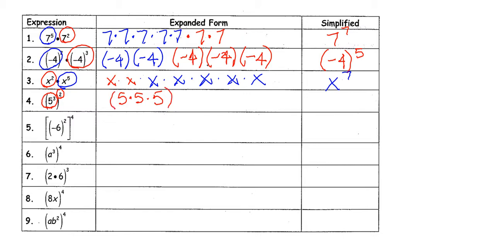So here's once. Here would be twice. Right, and it's all multiplication here. Parentheses or just the dot is multiplication. Our base is 5, and we wrote that 6 times, so 5 to the 6th power.